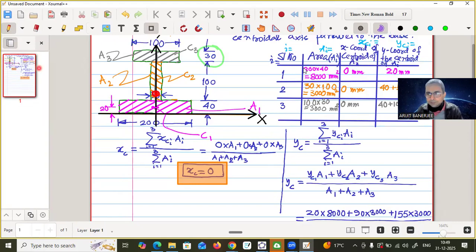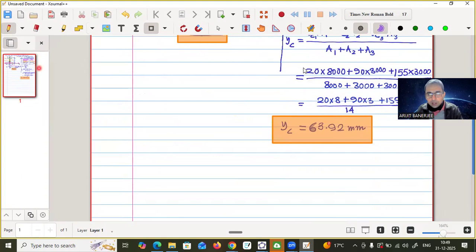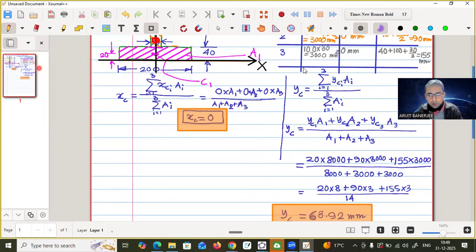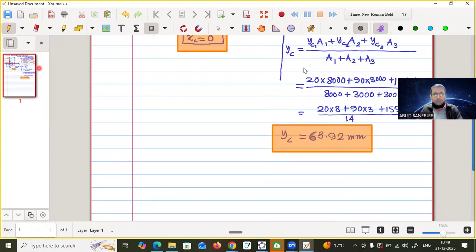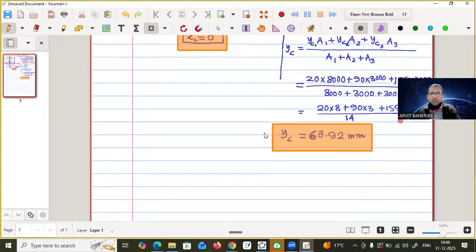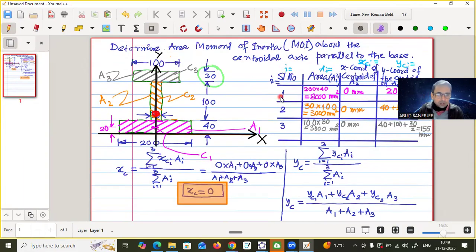Only thing is that we have to first know this, and we have already known this. Next, what? Can you tell? Next, our job is to go for determining the moment of inertia. The first job was to determine the centroid.